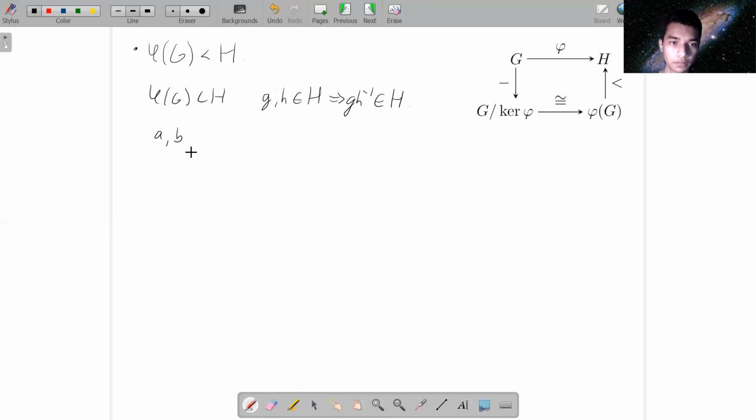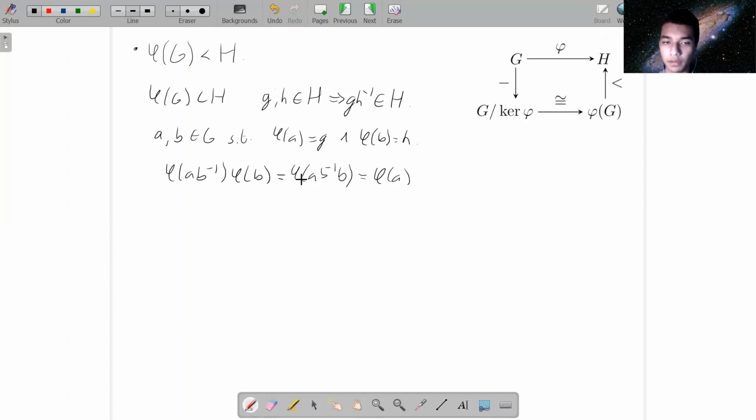If we grab a and b in G such that phi of a equals g and phi of b equals h, then we may observe that phi of a b inverse times phi of b is equal to phi of a b inverse b, by the homomorphism property, which is phi of a.